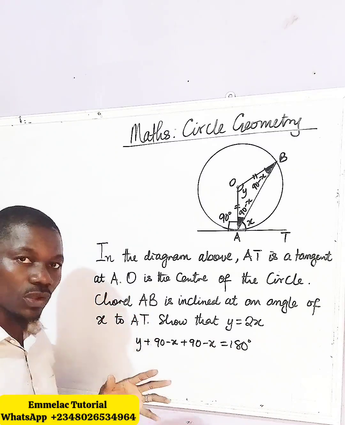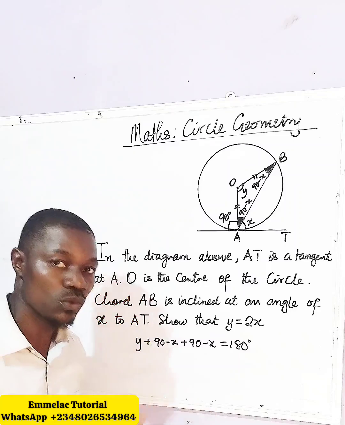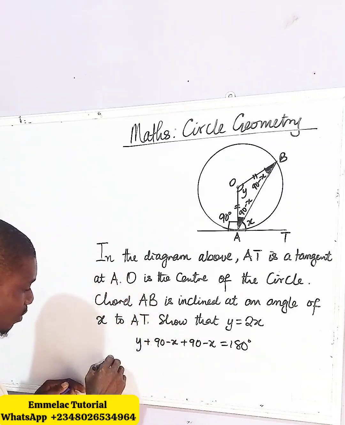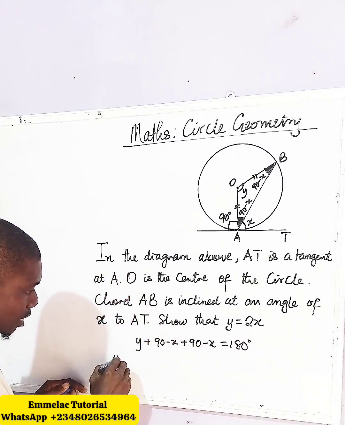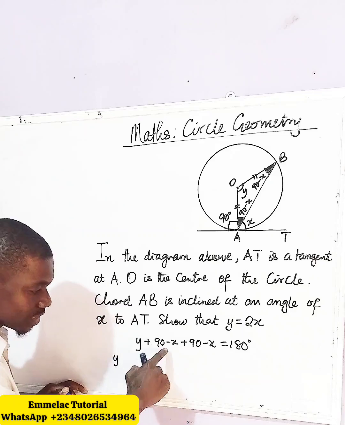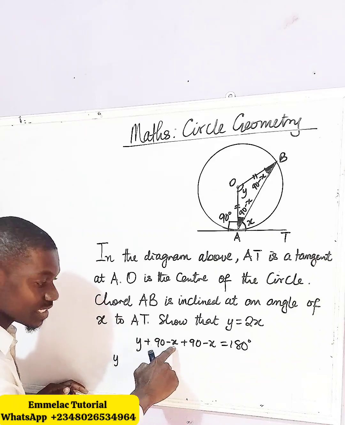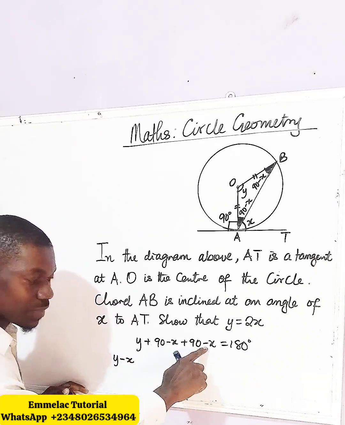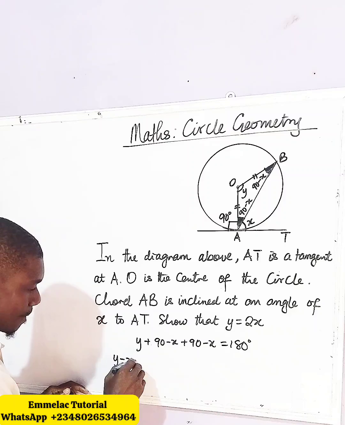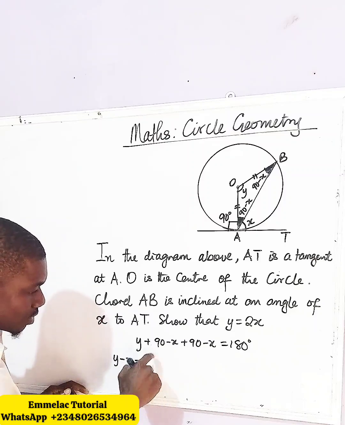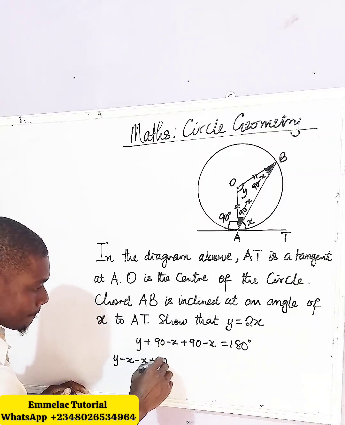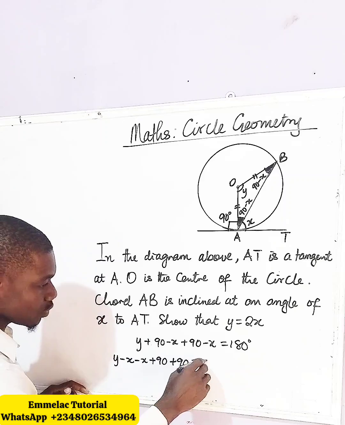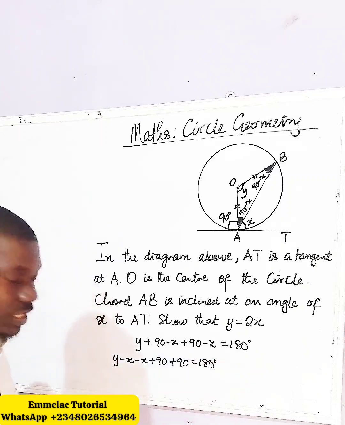All right, let us see what we can do with this. Let us collect all the variables and all the constants, or known angles, together. So here we have the y. Now the minus that precedes x goes along with x, minus x. This minus also goes along with x, minus x. Now plus 90, plus 90 again, all equals 180.